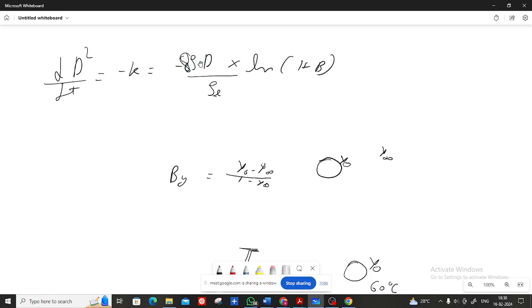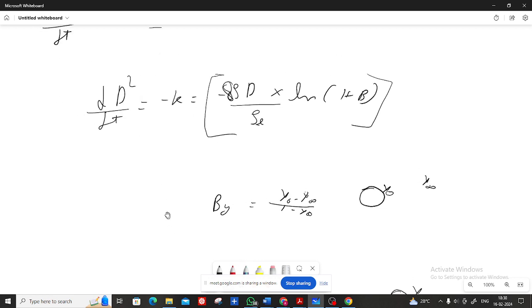Now in this case, for a given condition, rho d, rho l, and B, everything is constant. So this whole term inside this equation is constant. So this is constant k, multiplied by the negative sign. So d t square by dt is equal to minus k. Do you agree?